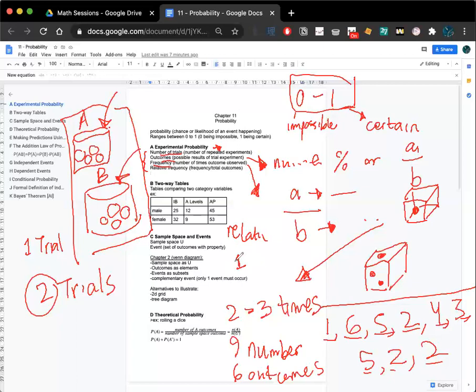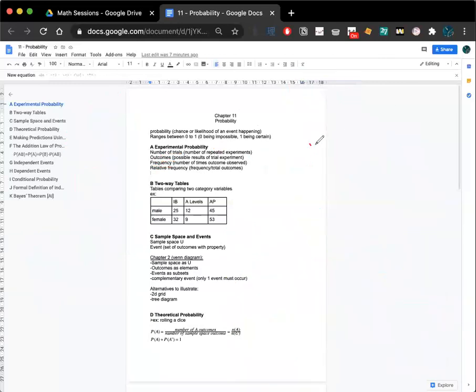Since between numbers 1 and 6 there's only one number 1, you divide it by the total outcomes, which is 6, so the relative frequency of rolling a 1 will be 1/6. That gives a brief introduction to some of the general terms that you're going to come across when it comes to experimental probability.